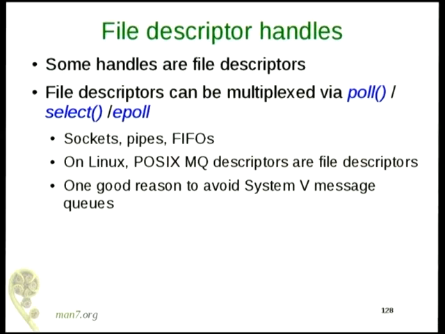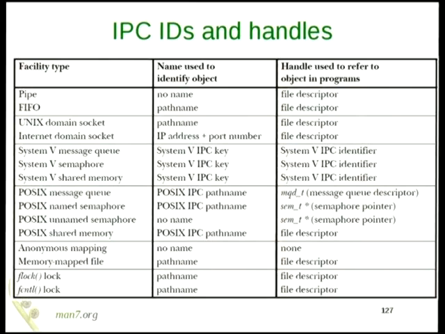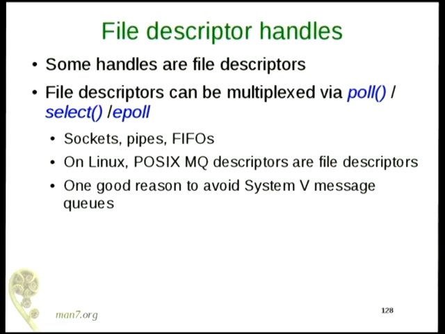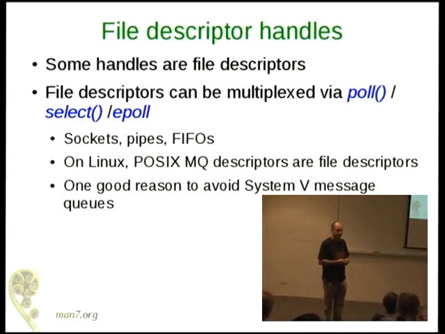One of the relevances of all of that is that the things that use file descriptors can be multiplexed. So any of those techniques that uses a file descriptor for data communication, so pipes, FIFOs, sockets, and message queues (a message queue descriptor really is a file descriptor), can be used with poll, select, and epoll, so that you can monitor multiple descriptors at the same time to see if I/O is possible on any of them.